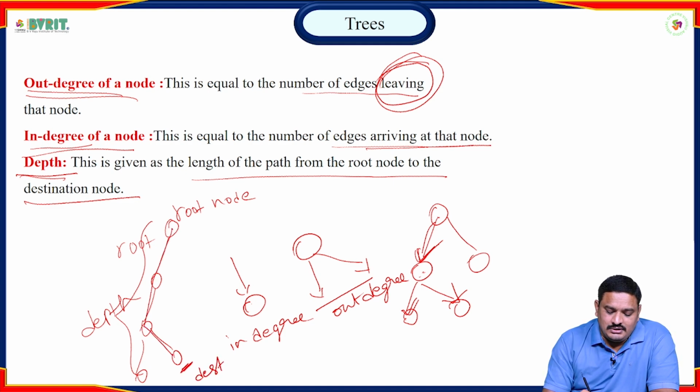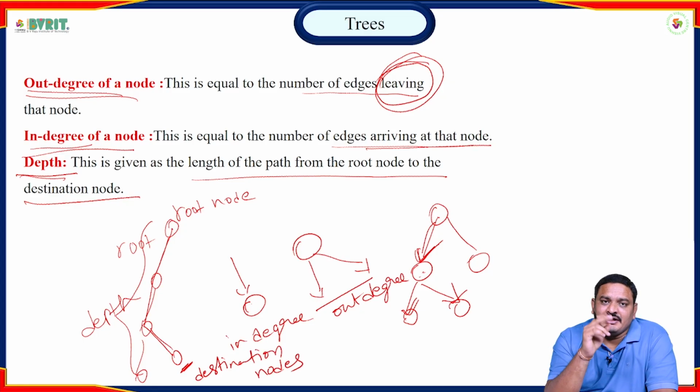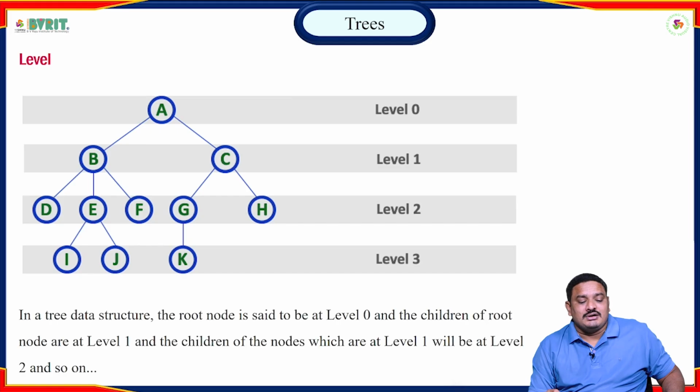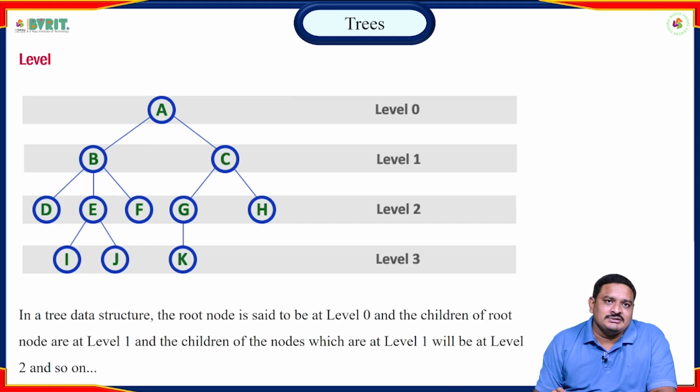This is the destination node. The depth means starting from the root node to the destination node. That is the tree's concept. Next definition is, what is the level of the tree?